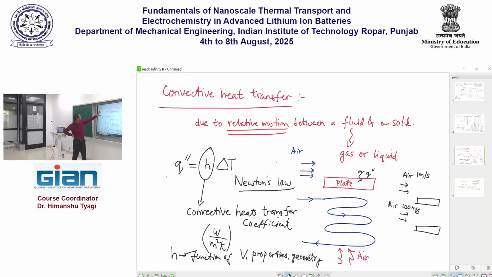So in the world of convective heat transfer, step number 1 is to find out the value of H for your specific geometry.